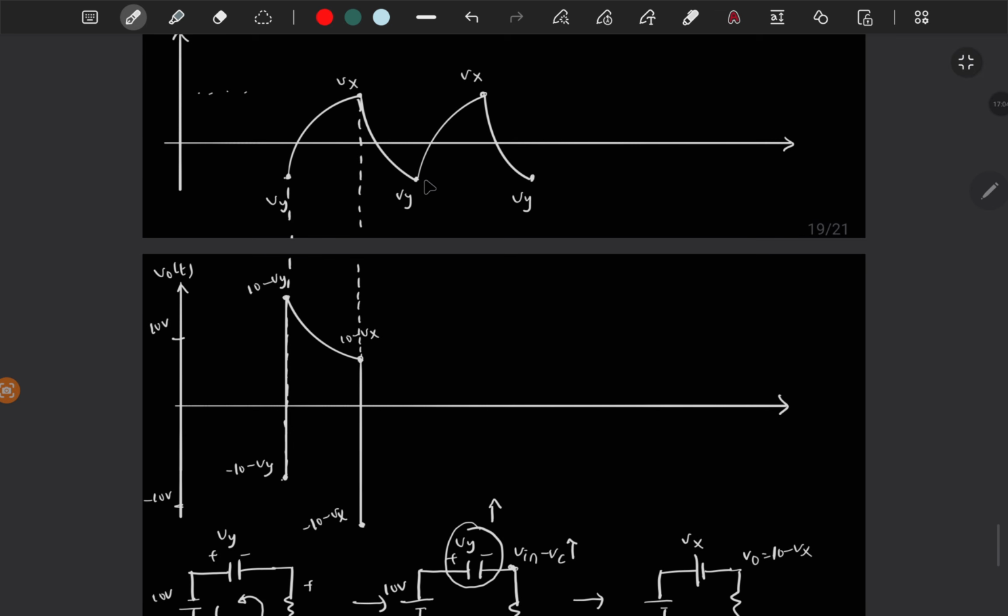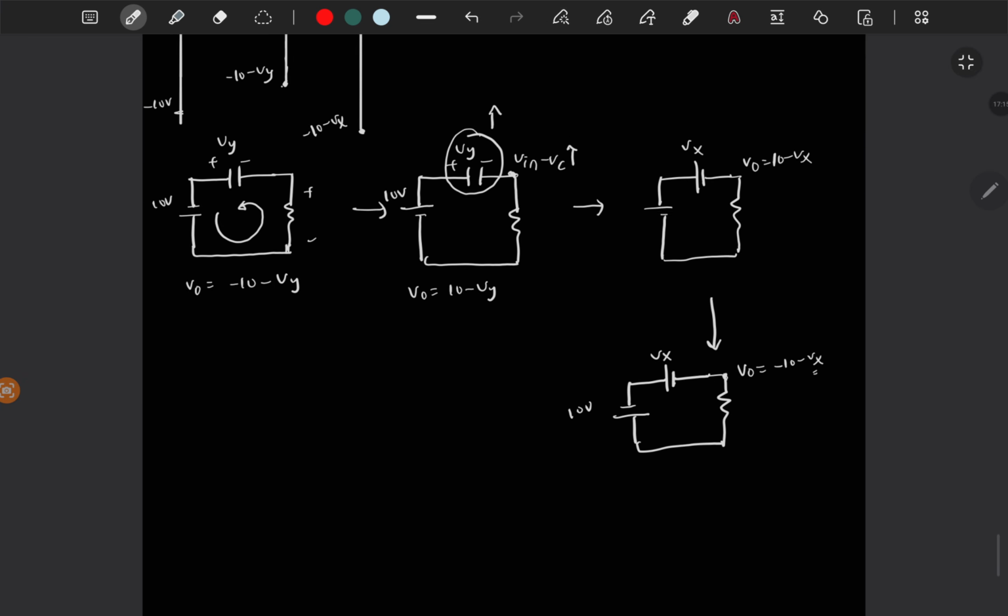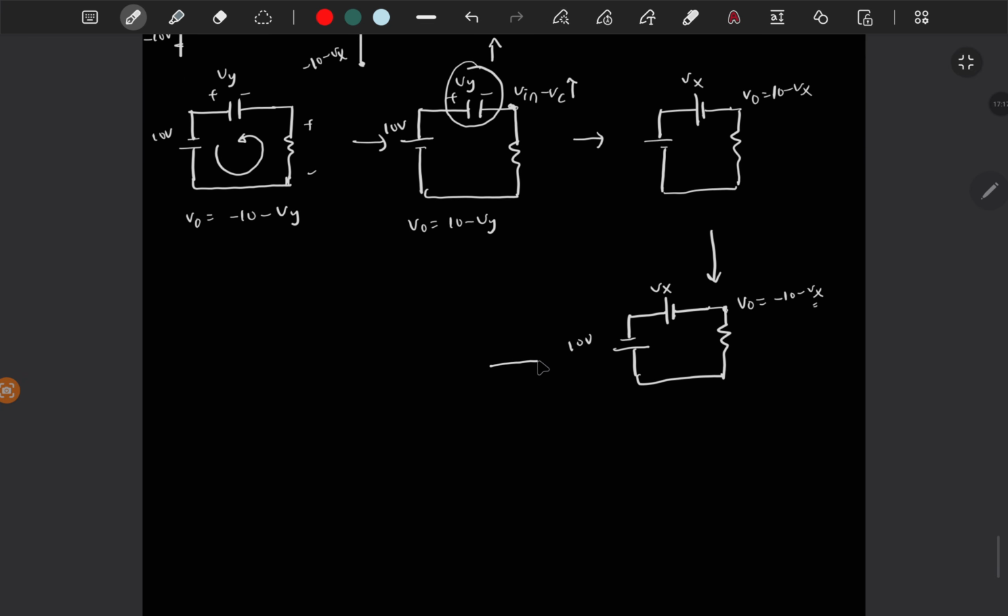And again from here to here, so the capacitor voltage starts moving from Vx to Vy in negative direction, right? It was at Vx and it moved to Vy. So the input voltage is minus 10 volt and the capacitor value starts moving from Vx to Vy. Here Vy is negative. Don't think that it is charging in positive direction.